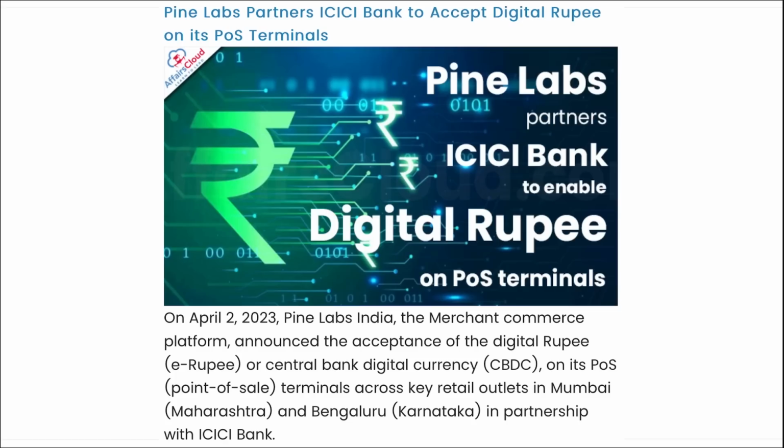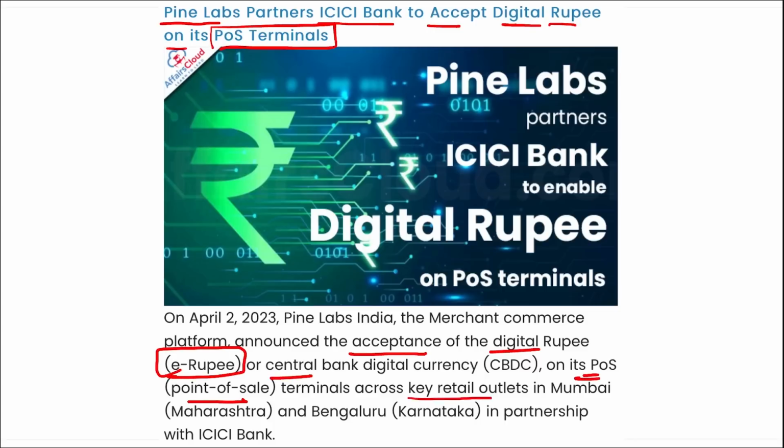Next, Pine Labs has partnered with ICICI Bank to accept the digital rupee on their point of sale terminals. I repeat, recently it is Pine Labs, the merchant commerce platform, that has announced the acceptance of the digital rupee, that is the e-rupee or central bank digital currency, on its point of sale terminals across key retail outlets in Mumbai, Maharashtra, and Bangalore, Karnataka, in partnership with ICICI Bank.